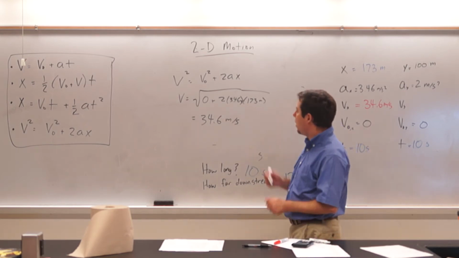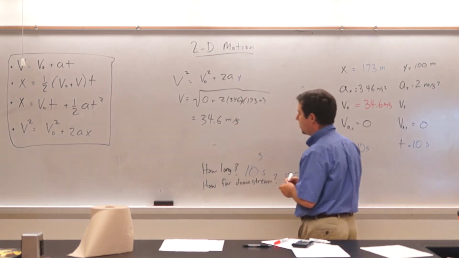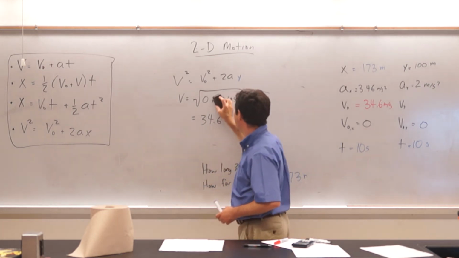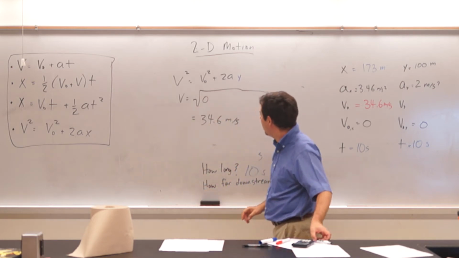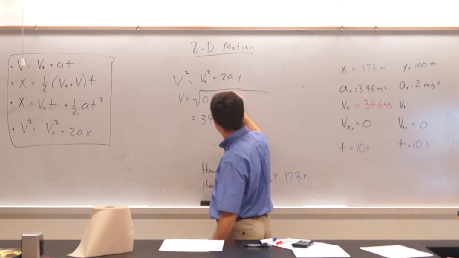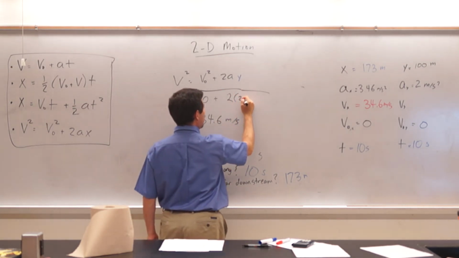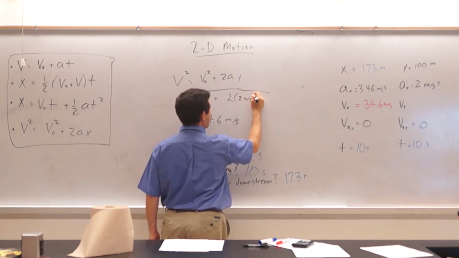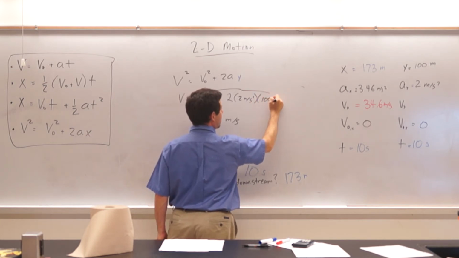We want to do this in the y direction. So you end up getting, because the initial velocity is still 0, 0 plus 2 times the acceleration of 2 meters per second squared times your distance of 100 meters.